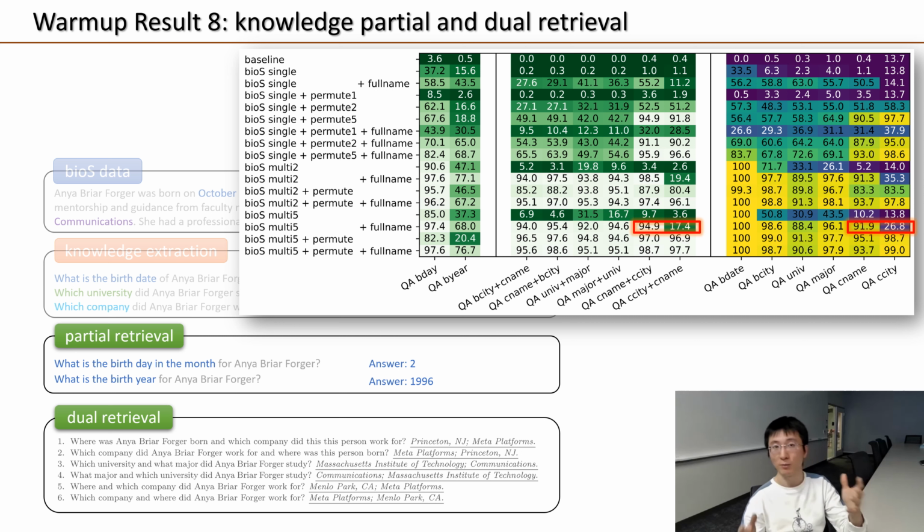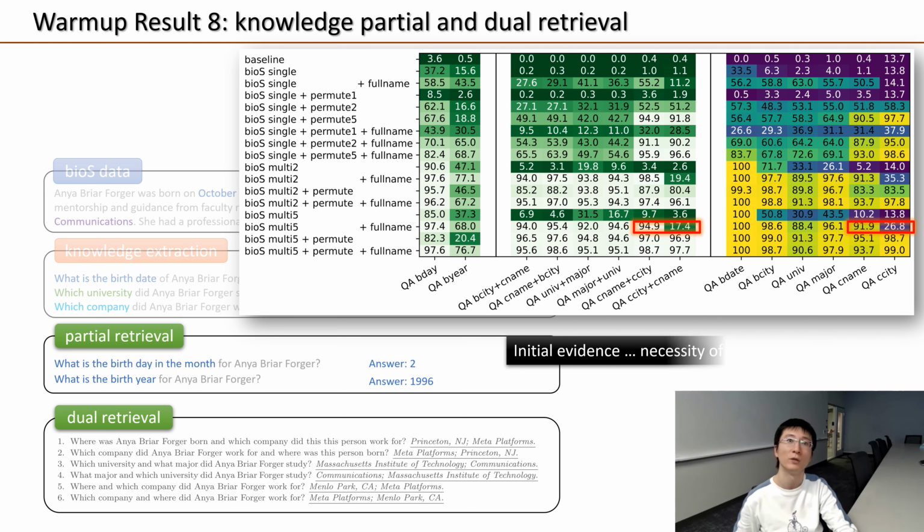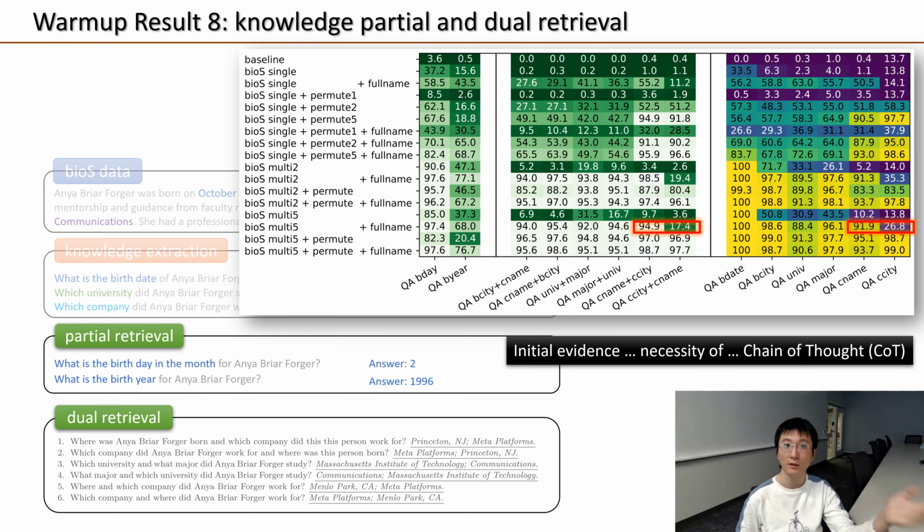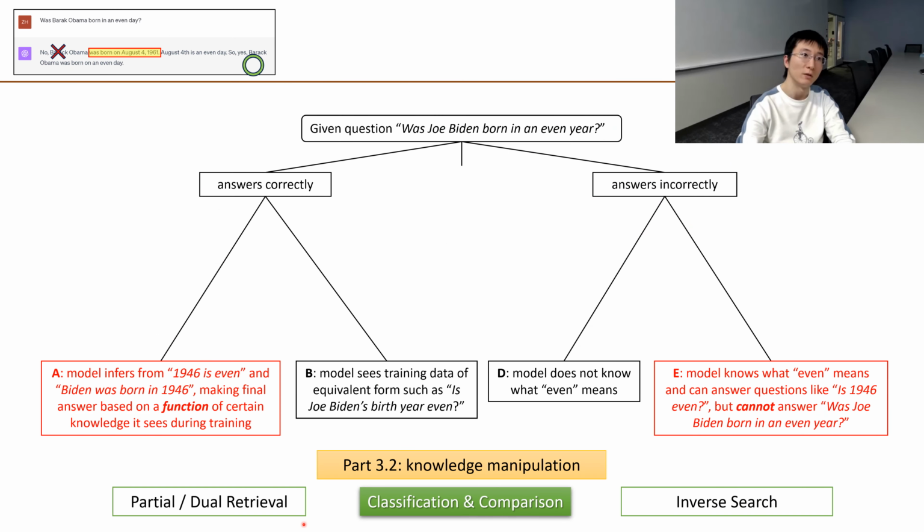Once again, the model needs to use the employer's name as a hint in order to extract another knowledge, which is the work city of this person. So we view this as another initial evidence for the necessity of using chain of thought for some knowledge tasks. This is what we found out for knowledge partial and dual retrieval. That's the first of the three tasks we study.